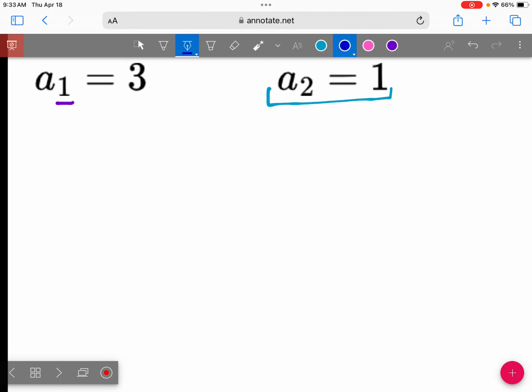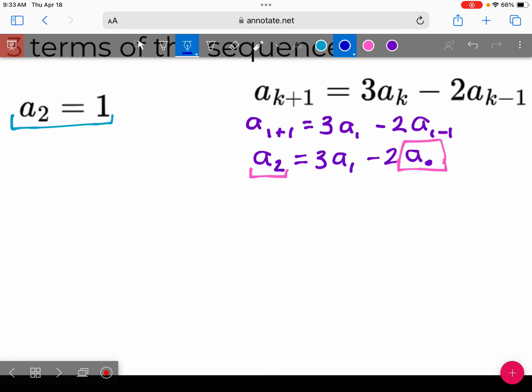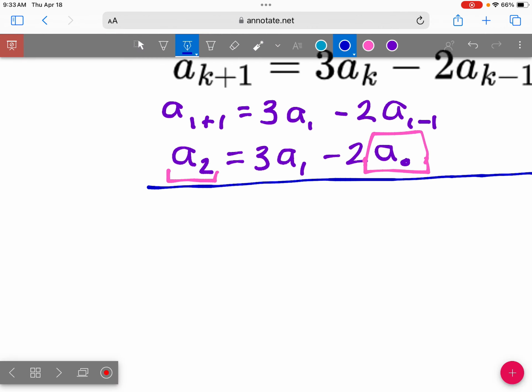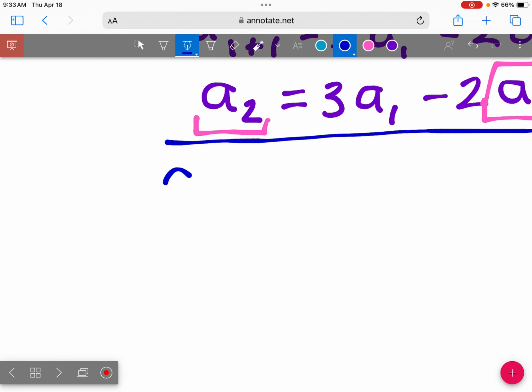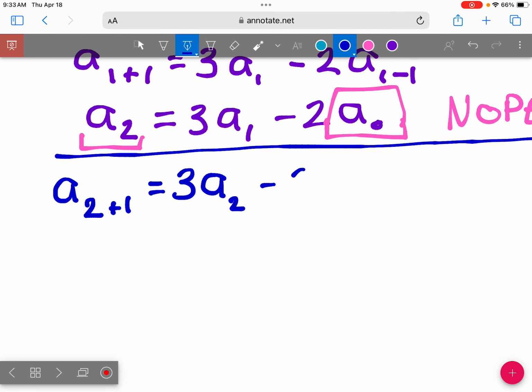So we know a sub 2. A sub 2 equals 1. So if it doesn't work, try the next one in the term, or the next one in the sequence. So this one does not work. I'm just going to put nope. So let's do the next one. See if we can make it work there. If we use a k of 2, so a sub 2 plus 1 equals 3 a sub 2 minus 2 a sub 2 minus 1.